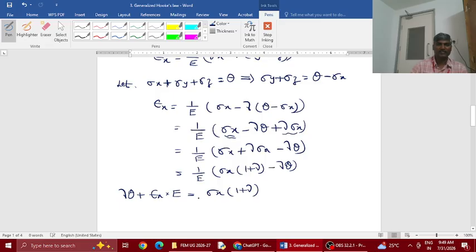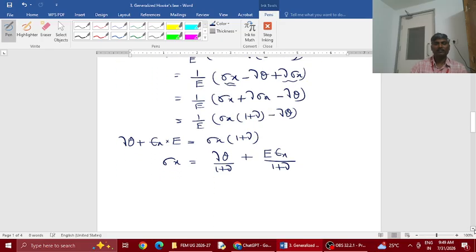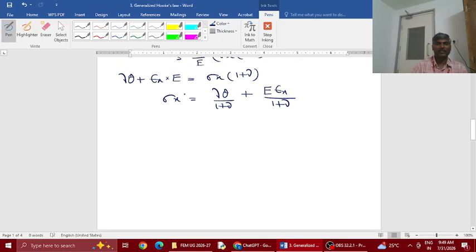So now sigma x will be nu theta by 1 plus nu plus E epsilon x divided by 1 plus nu. So this is the sigma x expression, wherein you see there is theta involved, which is again nothing but sigma x plus sigma y plus sigma z.